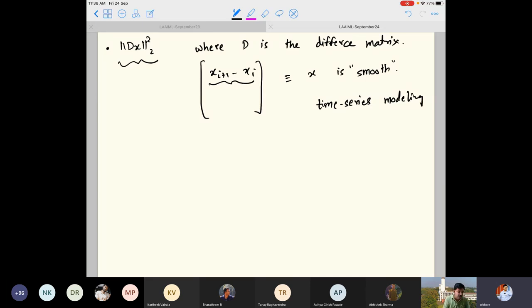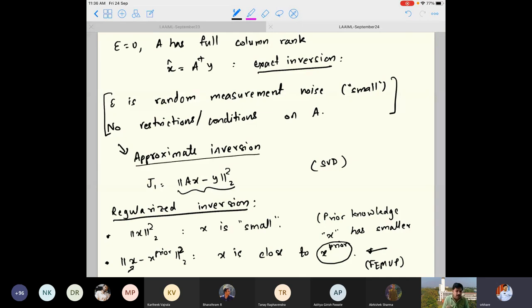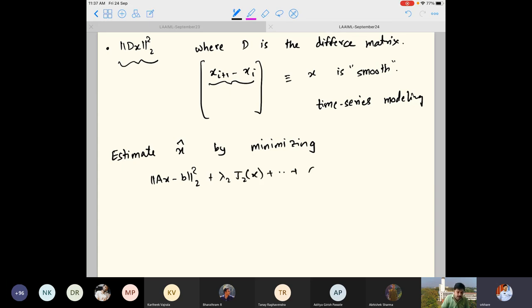So in approximate inversion, you can finally choose to estimate x hat by minimizing several such objectives. The basic or primary objective is this, you want to minimize this. Along with this, you have some other objectives that might be around.